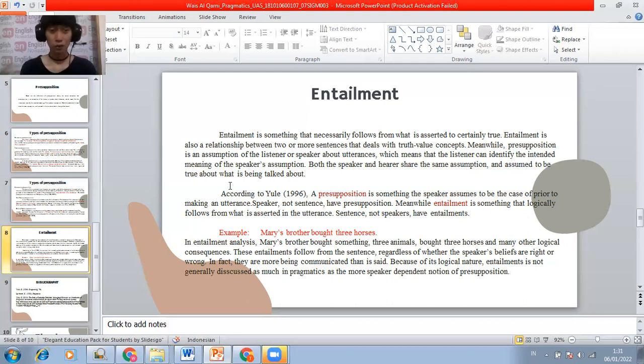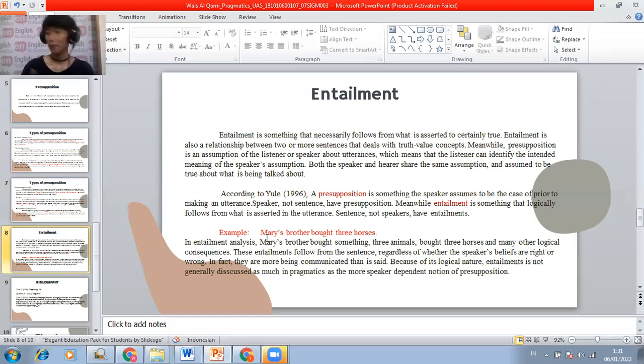Let's go into this a little bit further. Example: Mary's brother bought three horses. In the presuppositions, we know that Mary has a brother, and Mary exists here since her name is mentioned, and her brother bought animals.